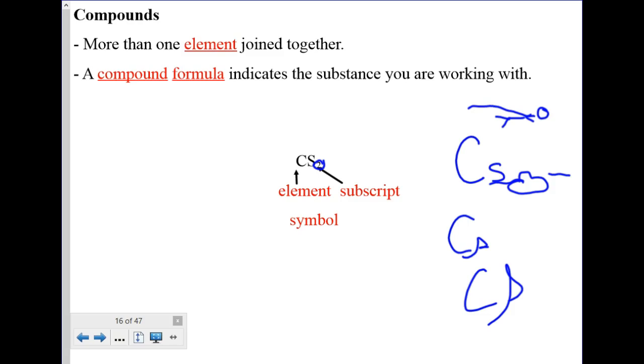Okay, so superscript goes above, subscript goes below. Sometimes you have to trick your brain into knowing those little things to help you keep the difference. The subscript tells you the number. Okay, that symbol is not a hashtag. It means number.